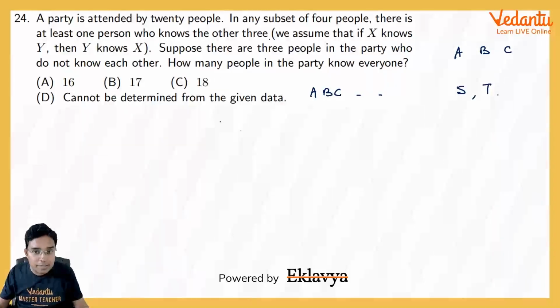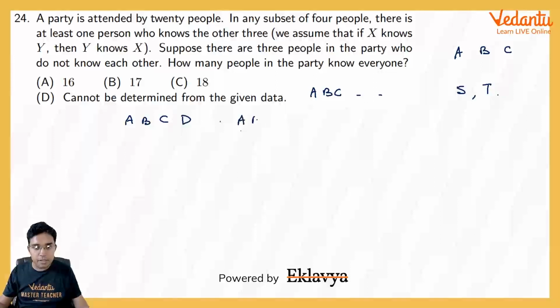Now because they are saying any subset of 4 people, suppose I make a subset of 4: A, B, C, D, then a subset of A, B, C, E. Because of this condition, there is at least one person who knows the other 3. So here this D will be knowing all the 3, because A, B, C are those 3 who do not know each other.